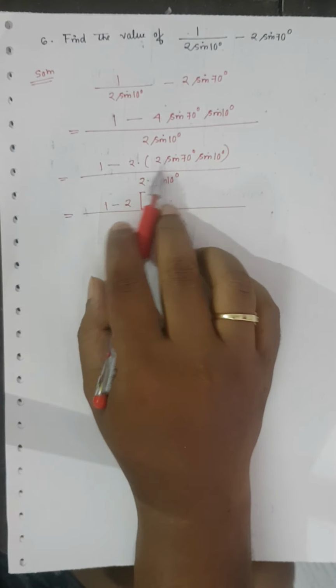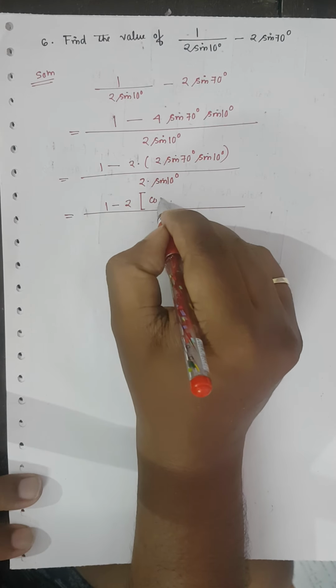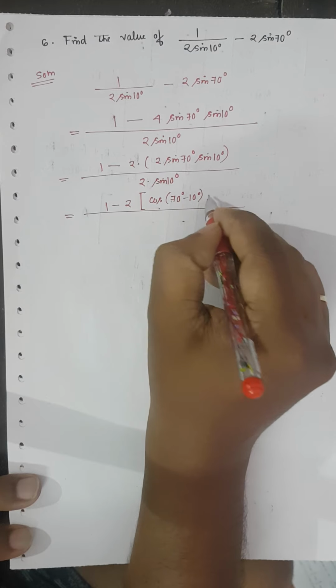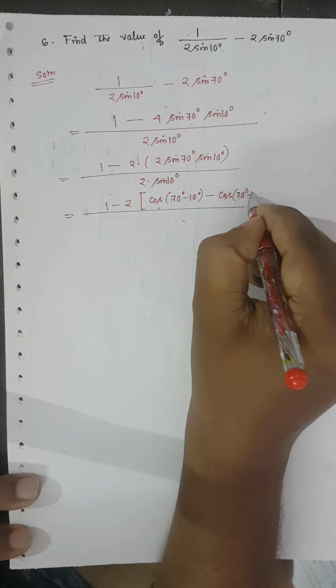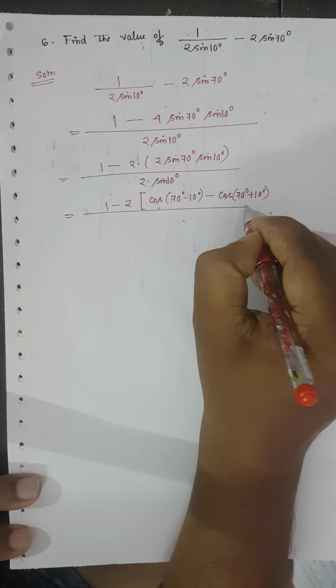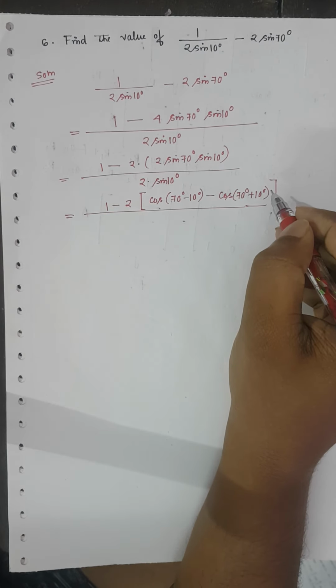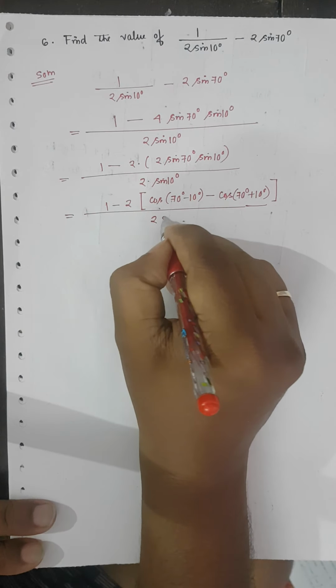The formula of twice sine A sine B is equal to cos A minus B, it is 70 degree minus 10 degree, minus cos A plus B, 70 degree plus 10 degree. See, the formula of twice sine A sine B, twice cos A cos B, twice sine A cos B, twice cos A sine B are very important. You have to memorize this formula. This is twice sine 10 degree.